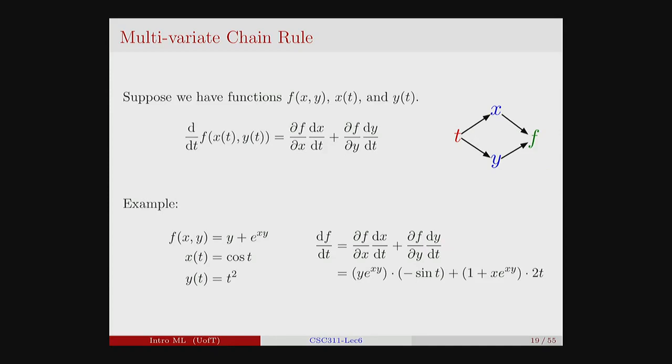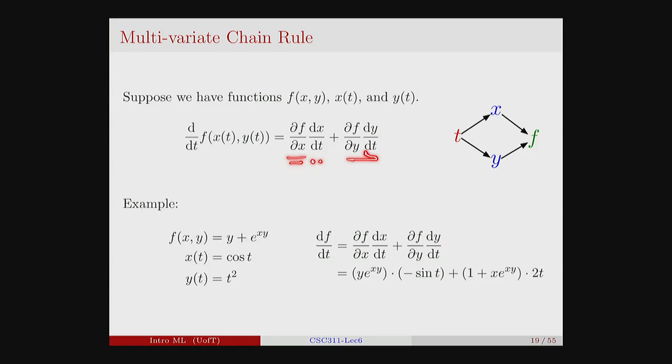For this computational flow graph, I can ask, what is the derivative of f with respect to t? Well, the multivariate chain rule tells us that it's df/dx times dx/dt plus df/dy times dy/dt.